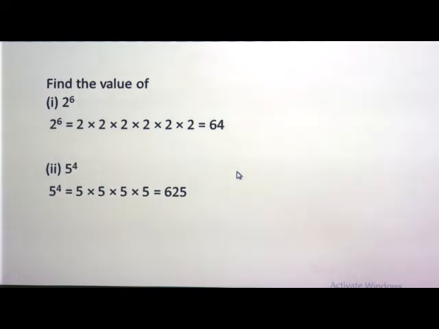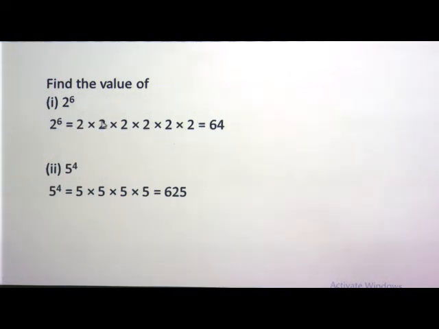Now, find the value of 2 to the power of 6, or the 6th power of 2. So, 2 is the base. What is the power, or we can say the exponent? It is 6. So, how many times do we have to multiply 2? We have to multiply 6 times.